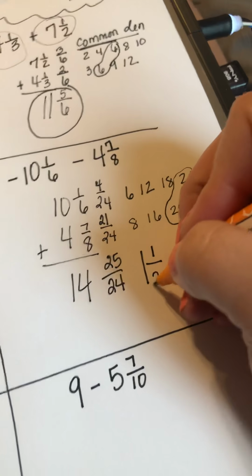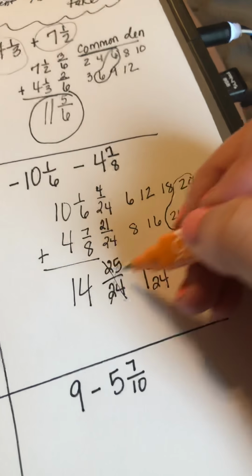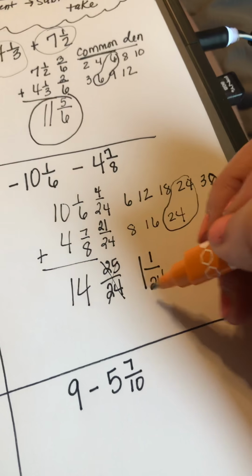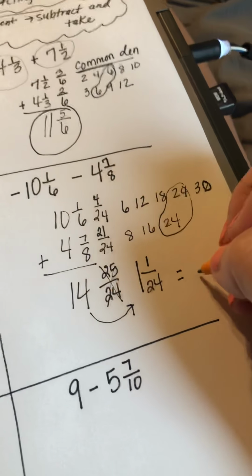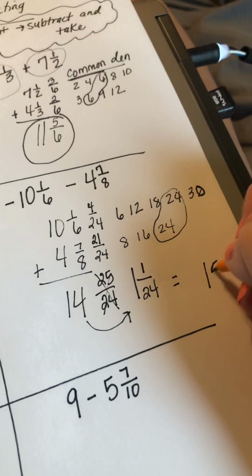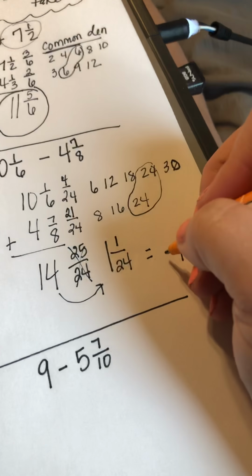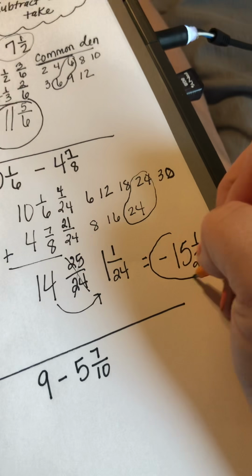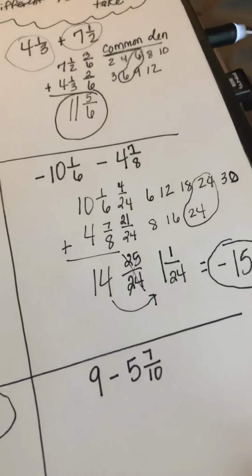And then my denominator is 24. So this goes away, and I now have 1 and 1/24. But I can't forget about the whole number 14 over here. So what I'm actually going to have is 15 and 1/24. Now I need to pay attention to my sign because originally I said I'm going to add and keep the sign, and the original sign was negative.